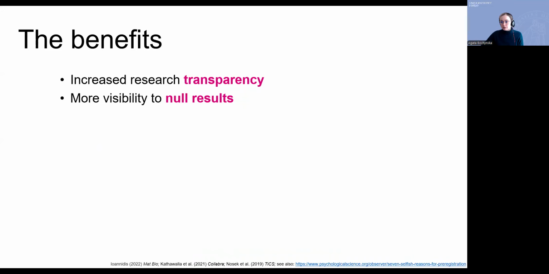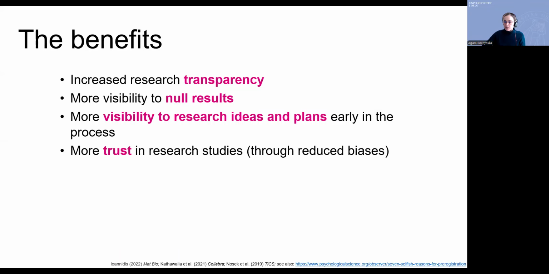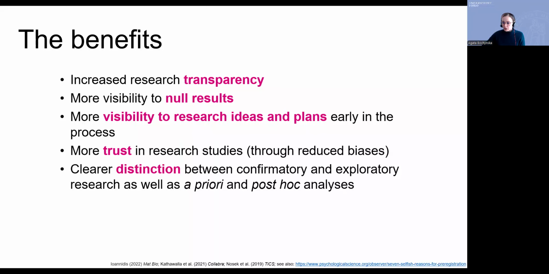It can give more visibility to null results, especially if we choose the registered report publishing format. It gives more visibility to research ideas and plans early in the process, and it can increase trust in research studies. And it helps us with this distinction between confirmatory and exploratory research, or what was decided a priori versus post hoc.